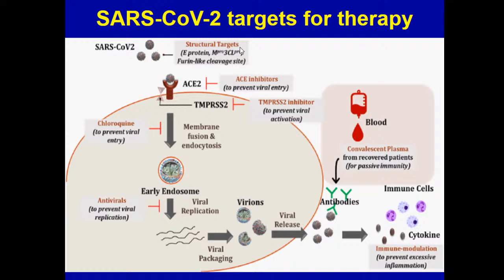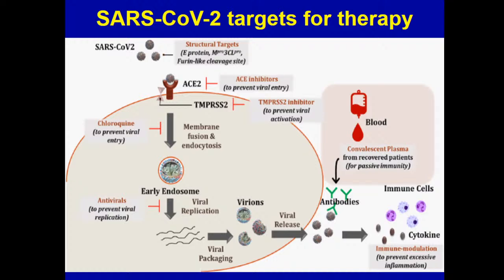First, the drugs may target the so-called structural targets. You know the importance of the E protein of the coronavirus, and this is the furin-like cleavage site of the E protein. If it is protected, then the cleavage will not occur.